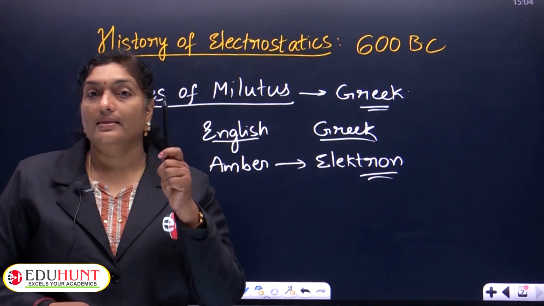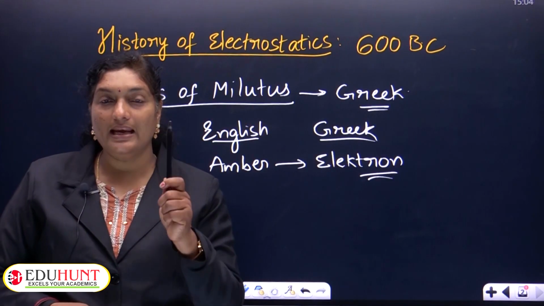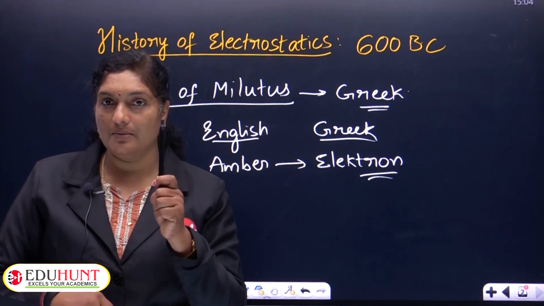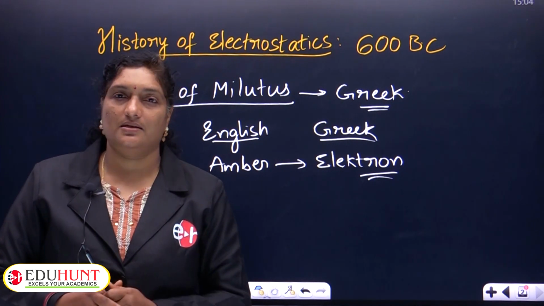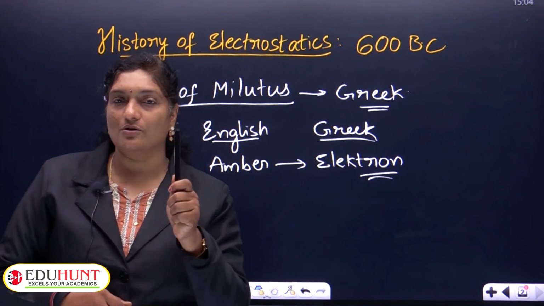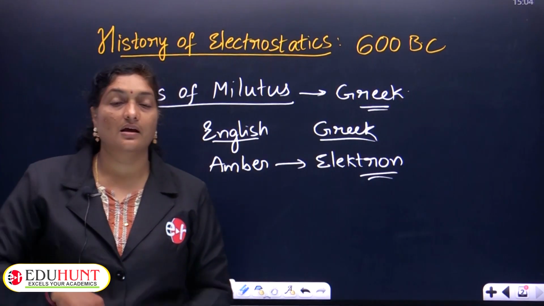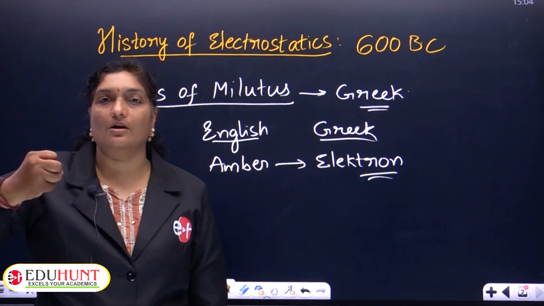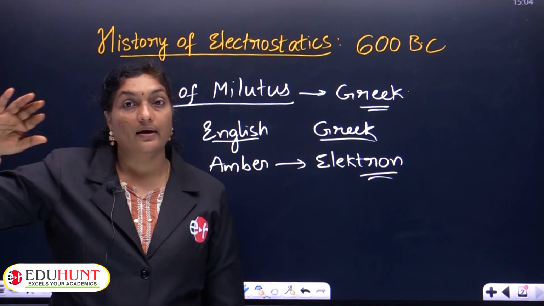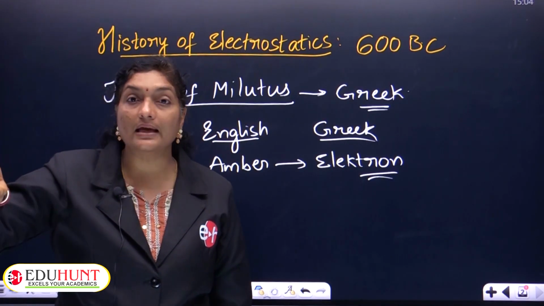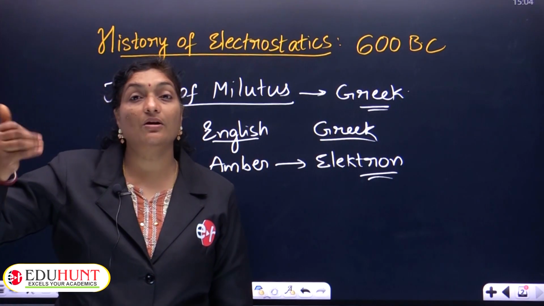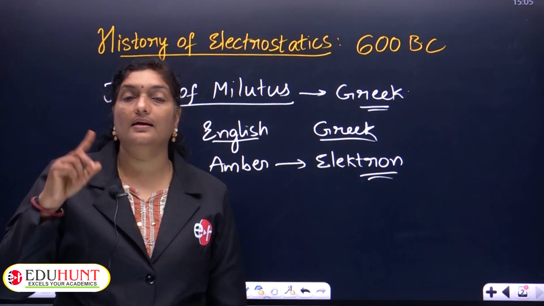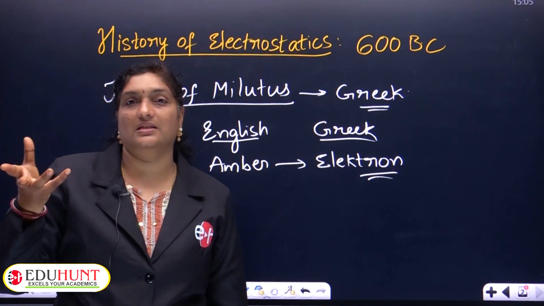That means the object which loses electrons becomes positively charged, whereas the other element, which gains these electrons, has its number of electrons increased, and we observe that the other element is charged.